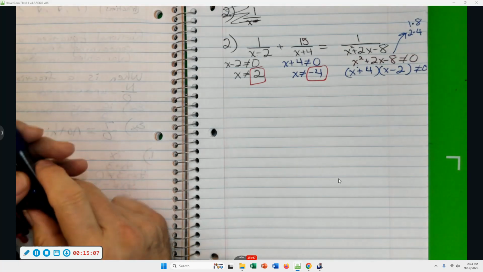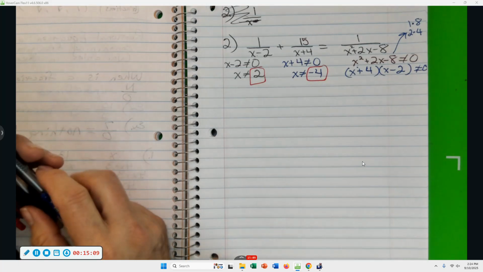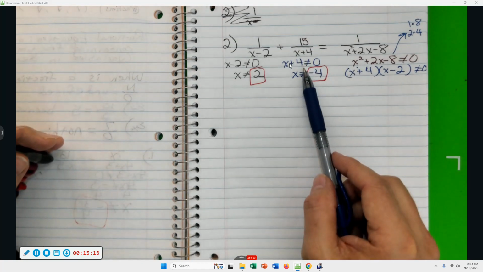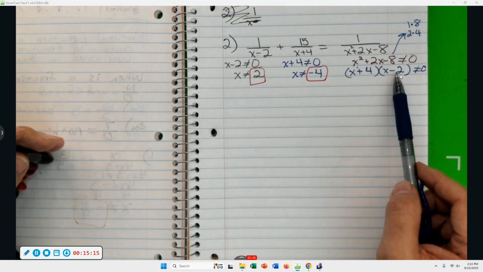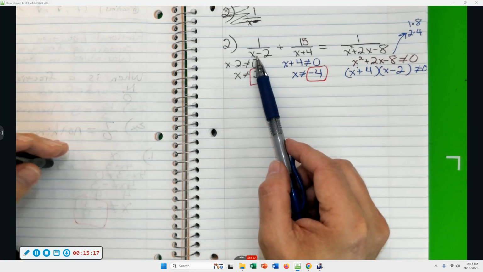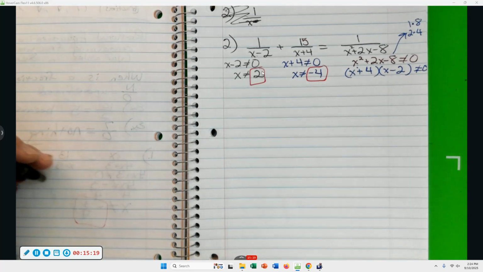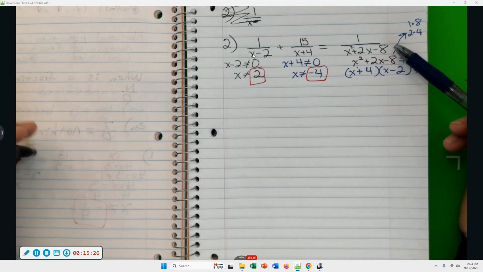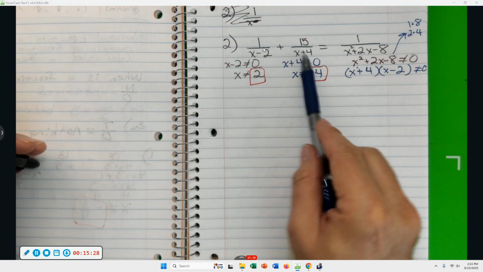Are we going to get any new numbers to discard? X plus 4, haven't we already set that not equal to 0? X minus 2, we've already set that not equal to 0. You ask, well, how often does that happen where the quadratic denominator is factored using the linear factors?